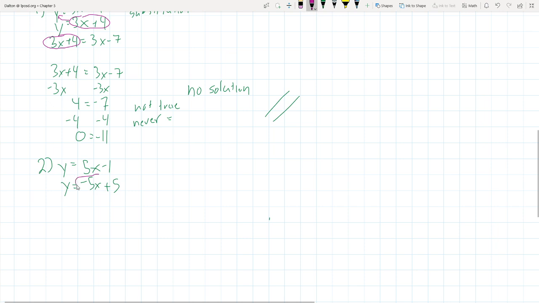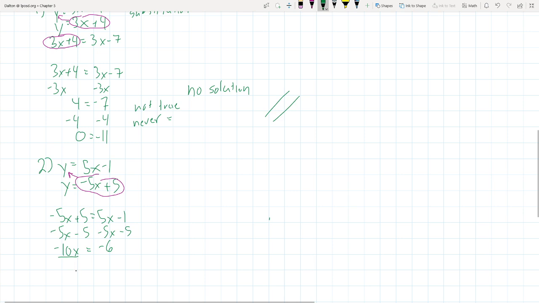So I get negative 5x plus 5 equals 5x minus 1. Going to get the x's by themselves. Let's just subtract 5x from both sides, and we're going to subtract 5 from both sides. So I get negative 10x equals negative 6.